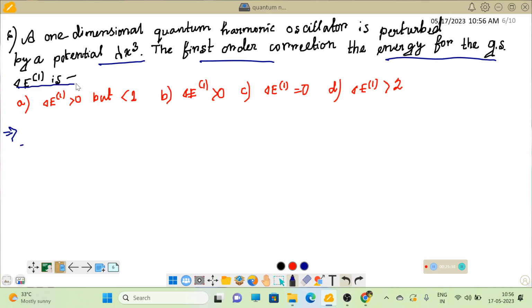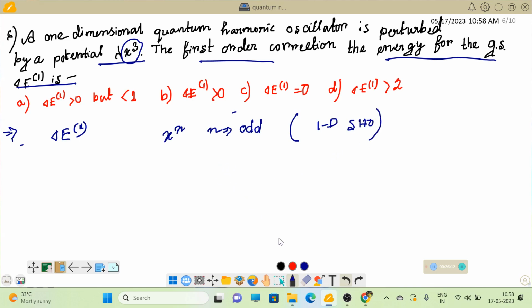What will be the answer? So here also some tricks are there. I will tell the tricks. If the power of x is odd, x to the power n, then there are two things we can say, remember, for 1D SHO only.